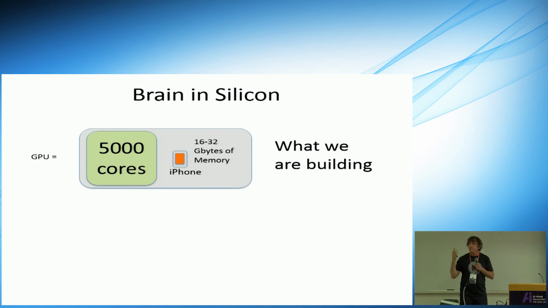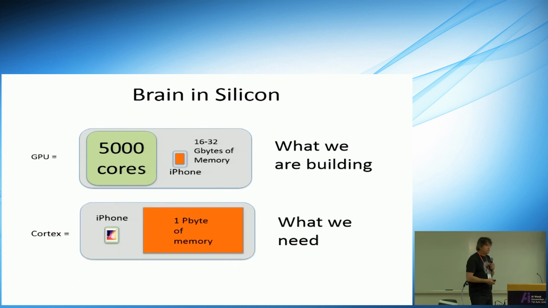So if you think about the brain in silicon as we think about it right now, what our image of machine learning computation is like, I want to generate a petaflop of compute and apply it to a cell phone's worth of memory. But what we really need, what our brain is, is a petabyte of memory with a cell phone's worth of compute. This is where we need to go, and this is where we are.